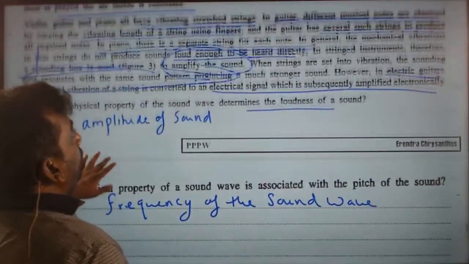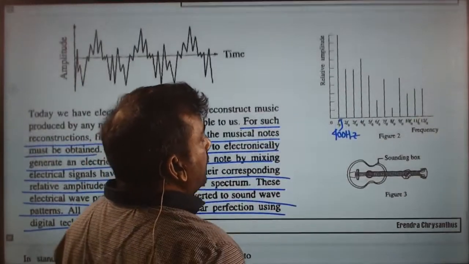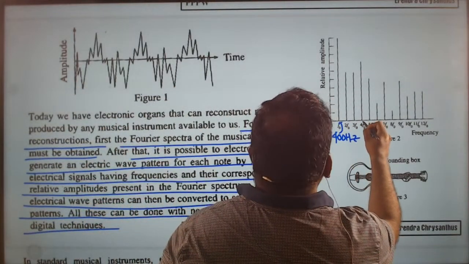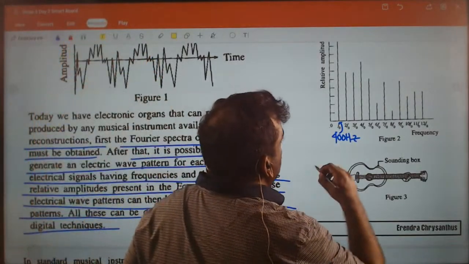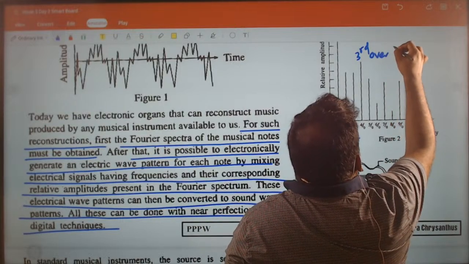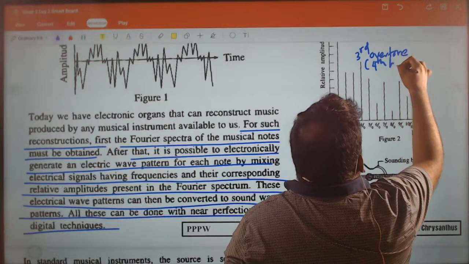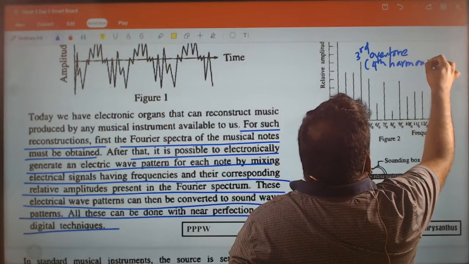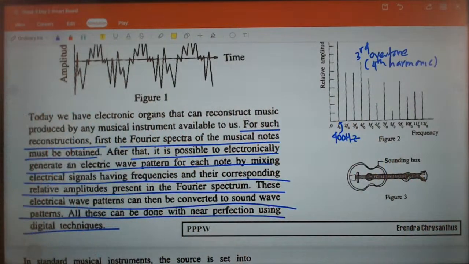What do you mean by third overtone? Third overtone is the fourth harmonic. The fourth harmonic is 4 times the fundamental frequency. 400 times 4 is 1600 Hz.